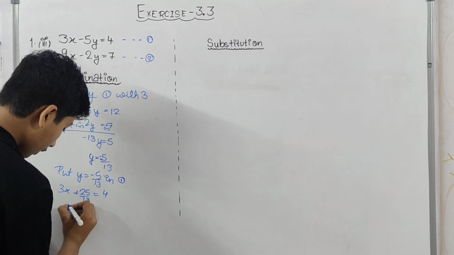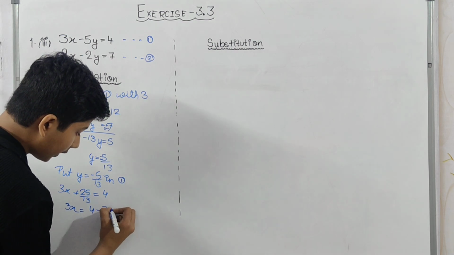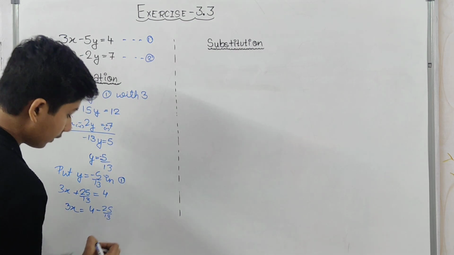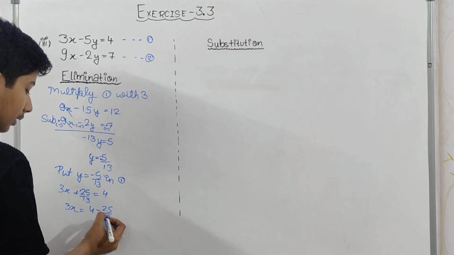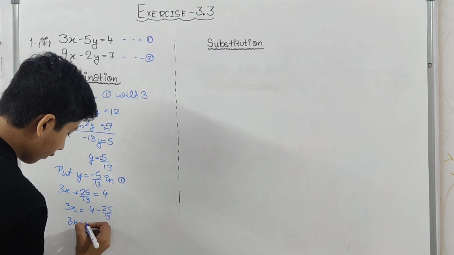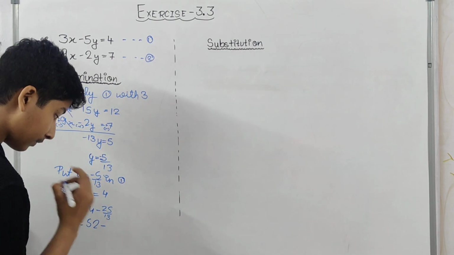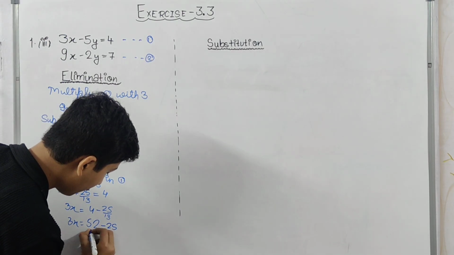So 3x equals to 4 minus 25 by 13. So when we solve this, 13 fours are 52, so 52 minus 25 upon 13.